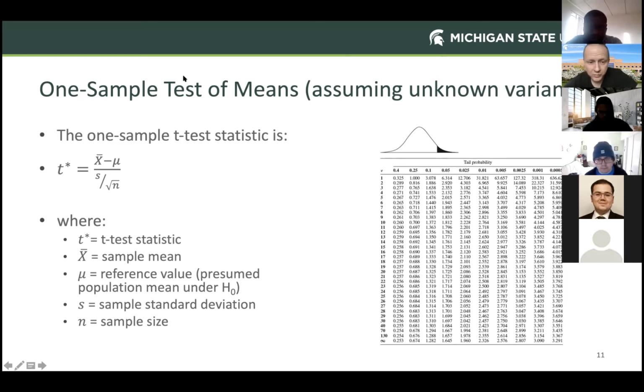Our critical table in this case is going to depend upon what level of significance we select and what our corresponding degrees of freedom are. And so to refresh everybody's memory, our degrees of freedom are basically the number of observations that are free to vary when we calculate these test statistics.